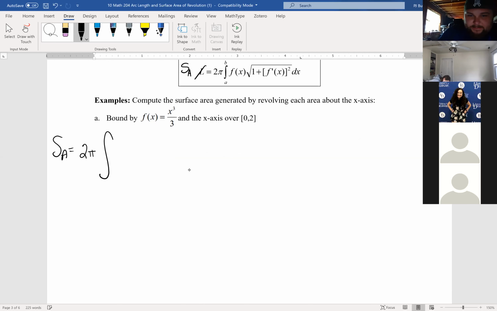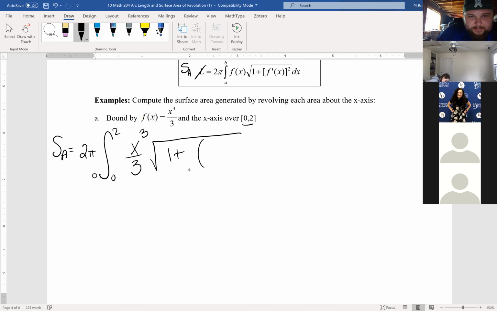So they tell us from 0 to 2, my function is x cubed over 3. Then I need square root 1 plus the derivative of that squared. So what's the derivative of x cubed over 3?